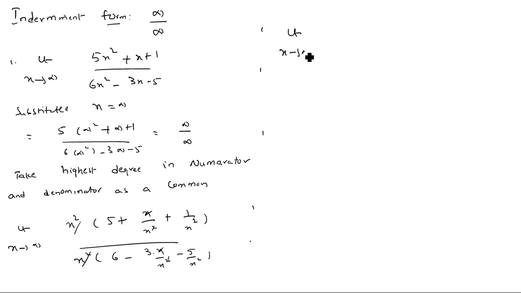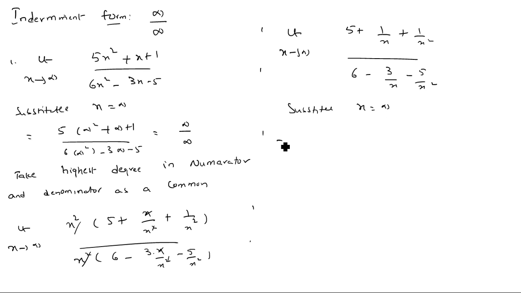So therefore we get limit x tending to infinity, 5 plus 1 by x plus 1 by x square by 6 minus 3 by x minus 5 by x square, and we substitute x is equal to infinity, and we get 5 plus 1 by infinity plus 1 by infinity square by 6 minus 3 by infinity minus 5 by infinity square.